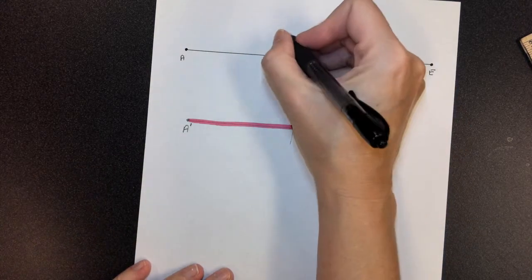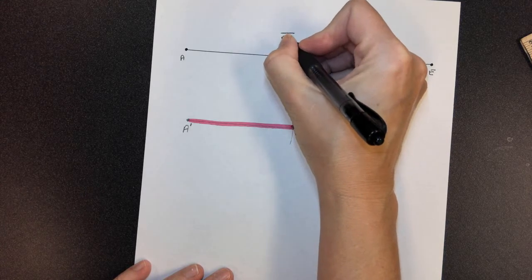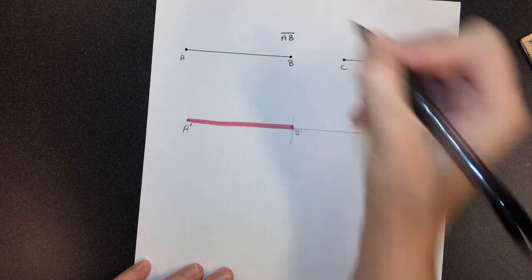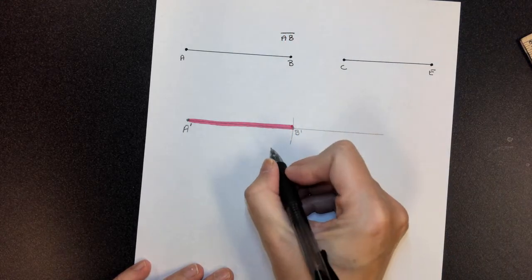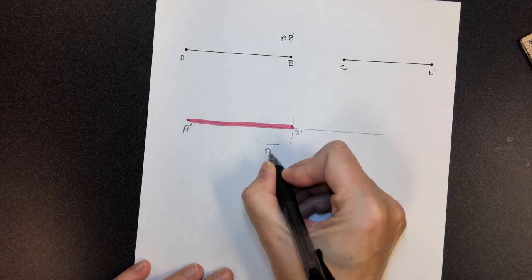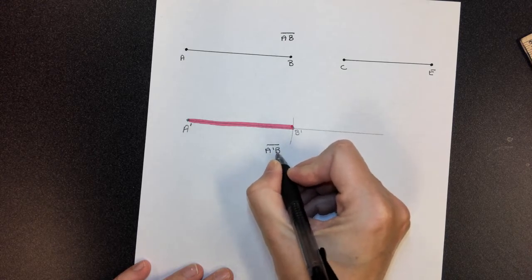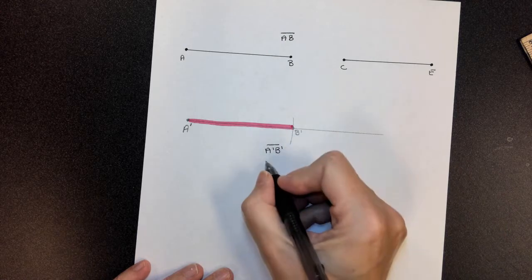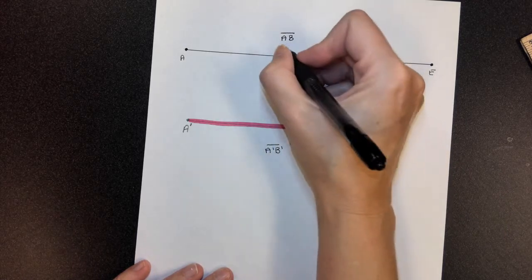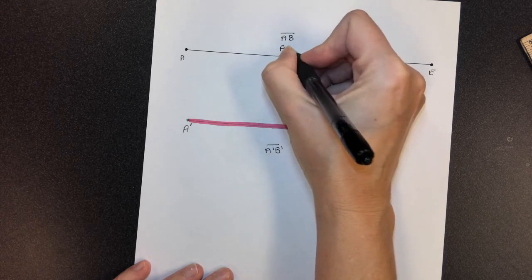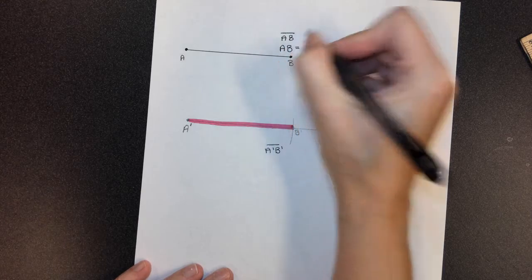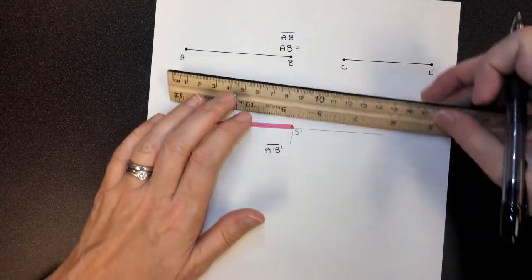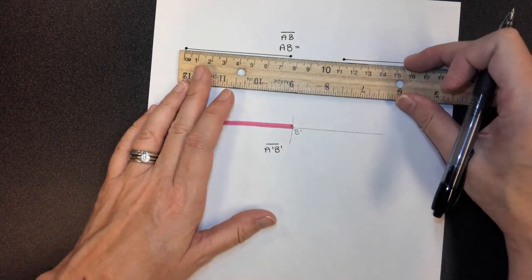This is called out as segment AB. This is A prime B prime. The length of AB is represented by AB equals, with no segment mark on top.